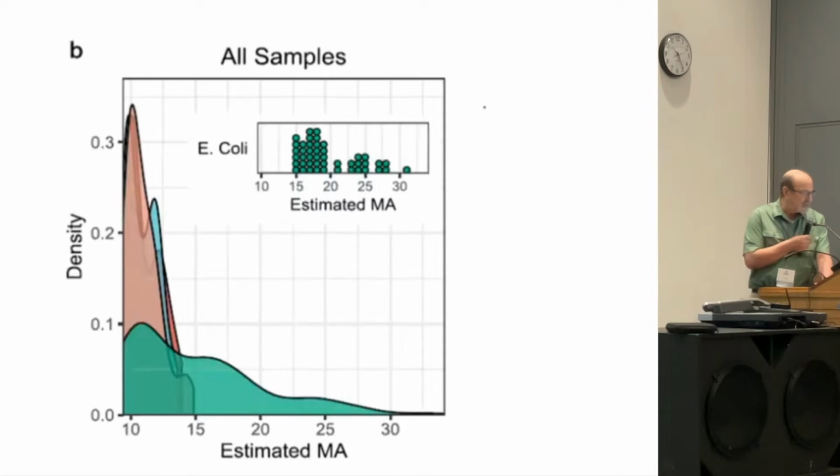And this figure, the green, shows the range of MA values for living sources, for biotically produced chemicals.